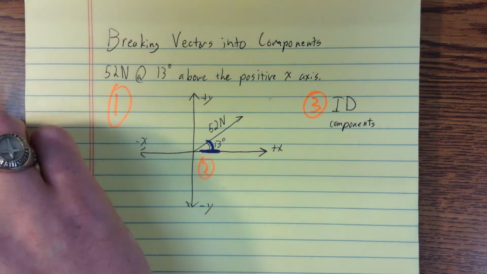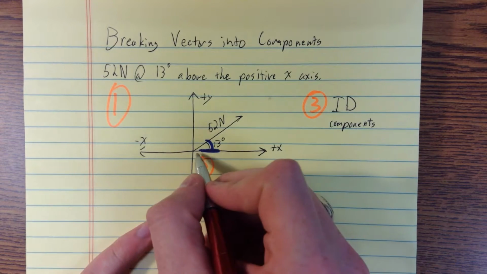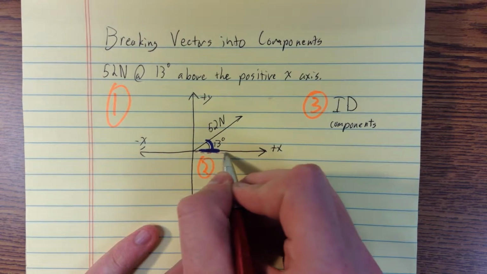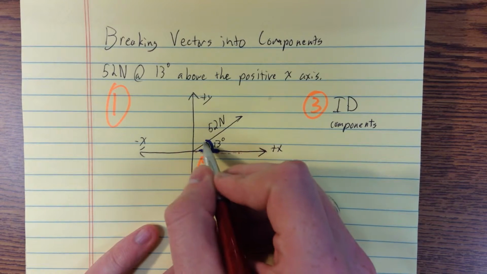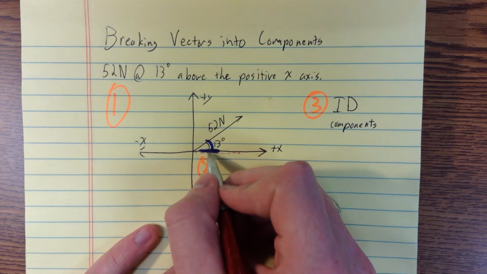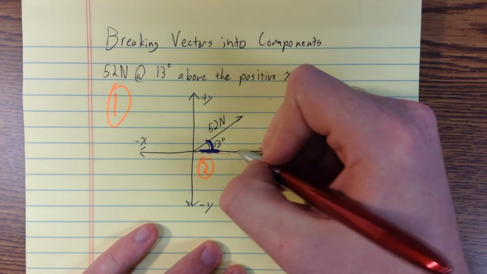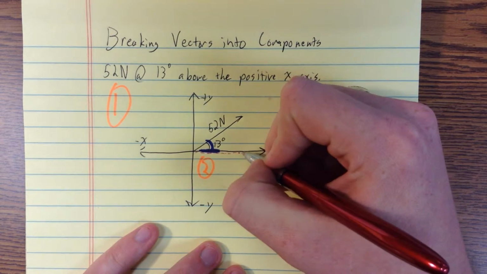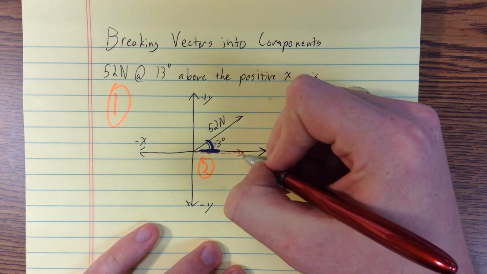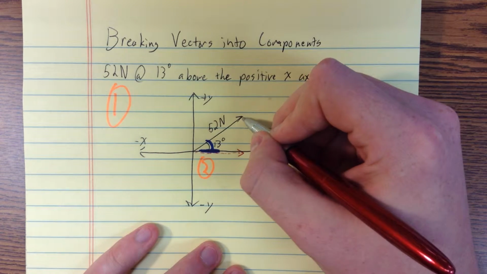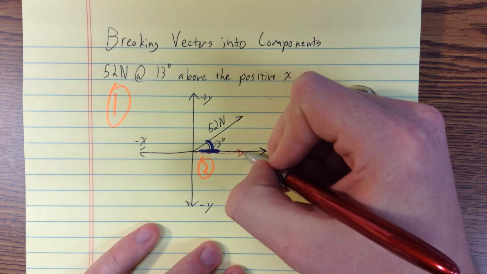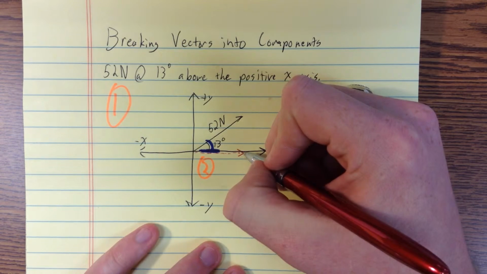So we'll notice that we have a component here next to this angle, adjacent to this particular angle. And this will be our x component. It's good to go ahead and indicate direction. This arrow is pointing to the right, our vector is pointing to the right, so this x component will point to the right as well.